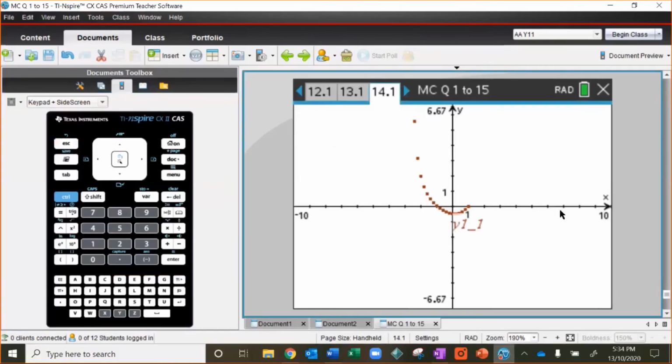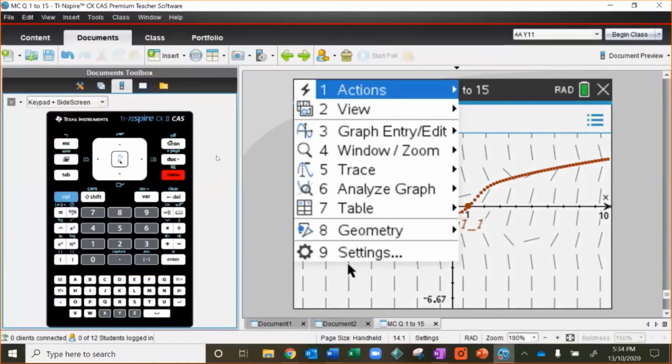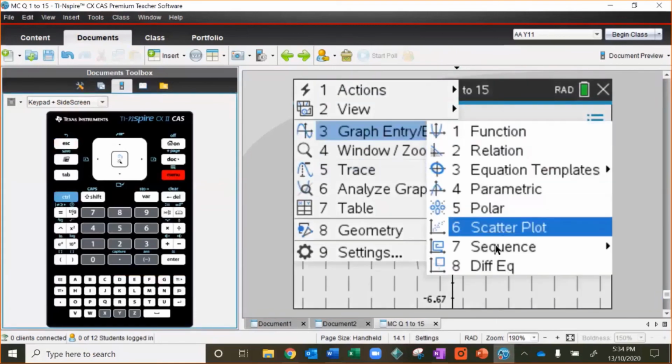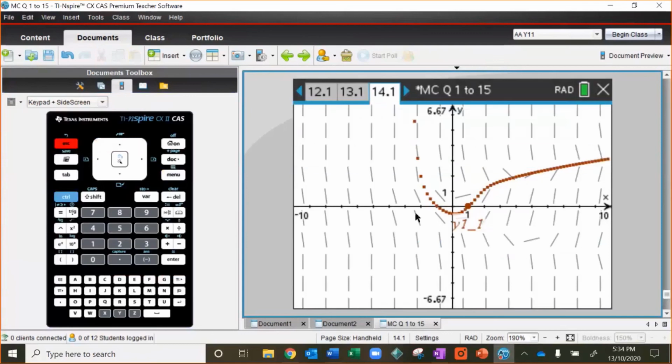I'm using the graph screen actually. If I change the graph entry to differential equation, I can enter y1 dash is x minus y1 squared, and this is my initial condition, 1 and 0. That's how we enter it, and the calculator draws it.